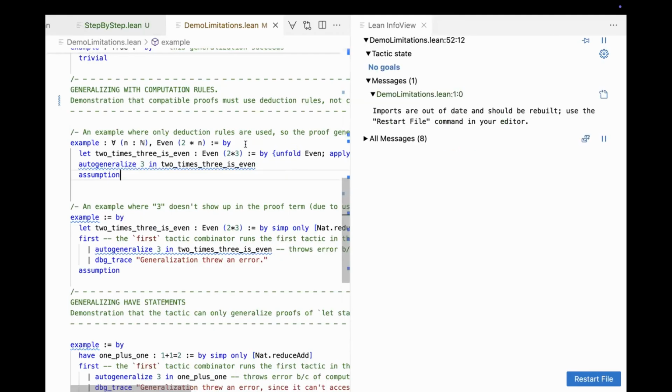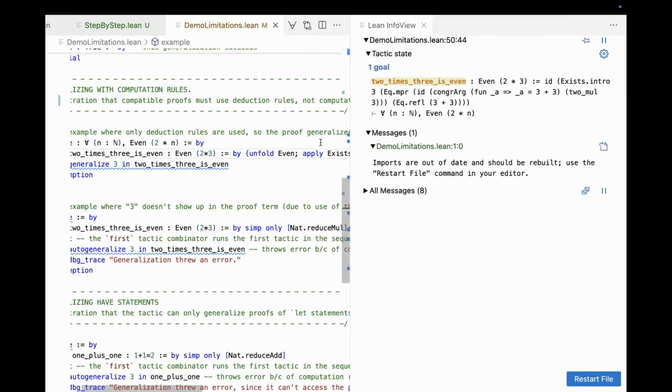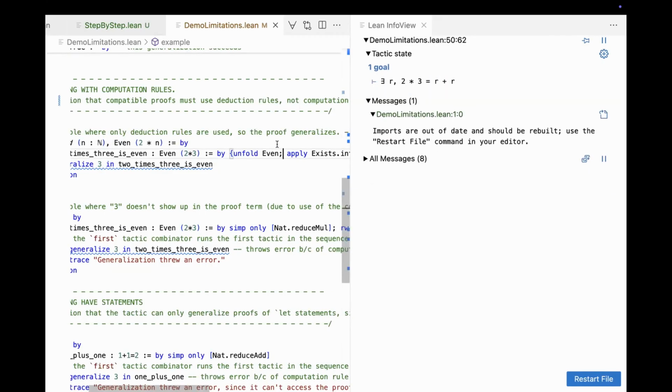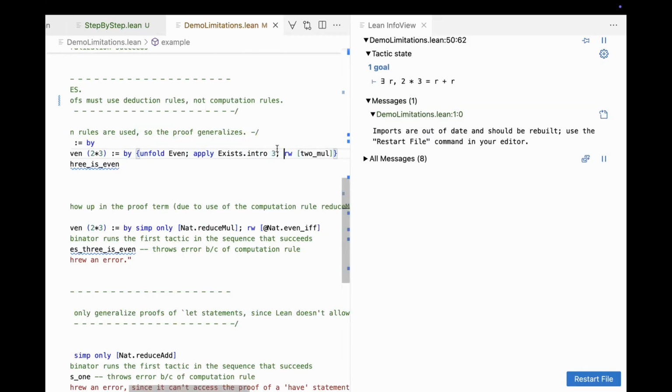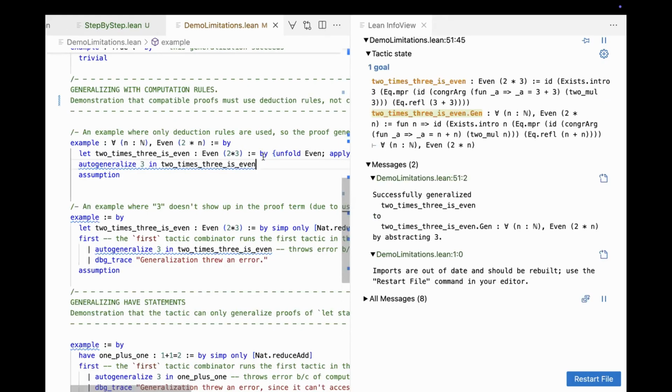So here we have a proof that 2 times 3 is even, and you do it by unfolding even, and you find 2 times 3 can be written as r plus r, and then can be written as 3 plus 3. And now if you generalize the 3, then you know 2 times any number is even.